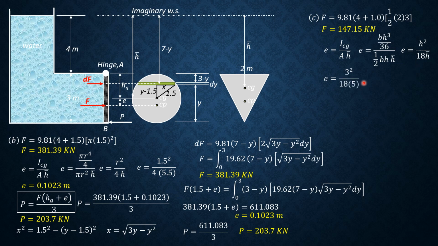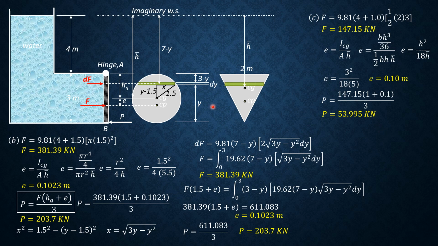So substitute 3 squared over 18 times 5, then E is equal to 0.1. So substitute in this equation here, P is equal to F 147.15 times 1 plus 0.1 over 3. So P is 53.995 kilonewtons.